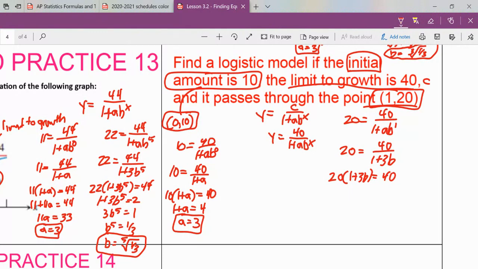Again, I prefer just to divide by 20, so I just have 1 plus 3b equals 2. I subtract 1, get 1, divide by 3, b is 1/3. So the final equation here is y equals 40 over 1 plus the a value, which is 3, times my b value, which is 1/3, to the x power.